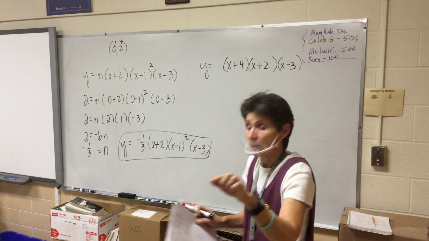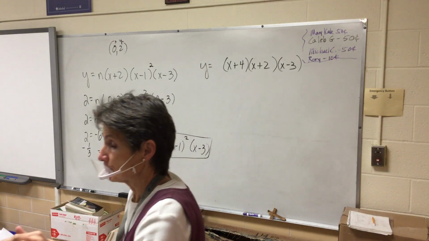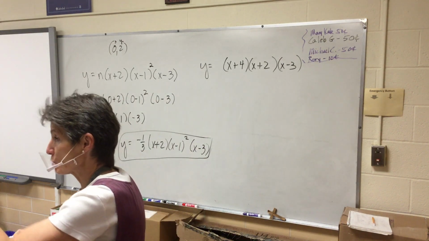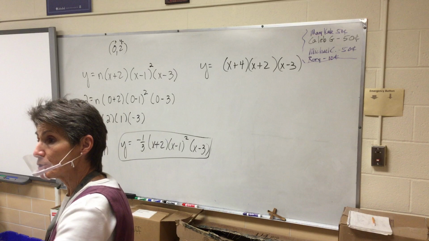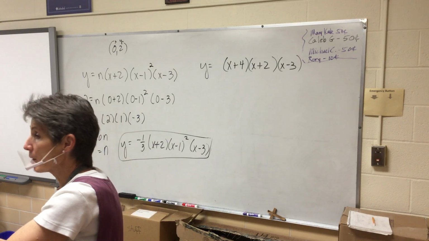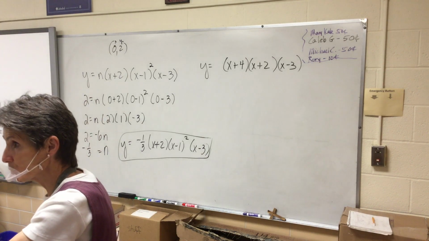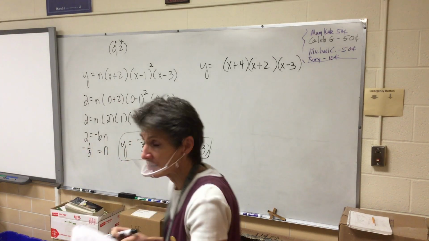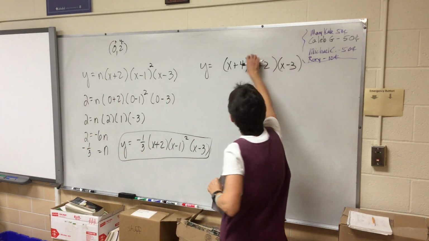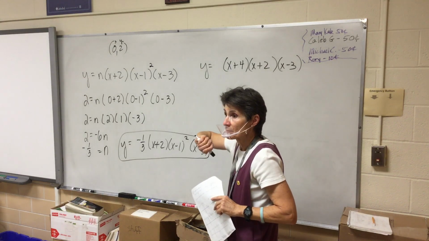Okay? Now, look at them carefully. Look at those 3 dots. Are they all just passing through, or are any of them bouncing off? They're all passing through, which means that none of these will have squares on them.